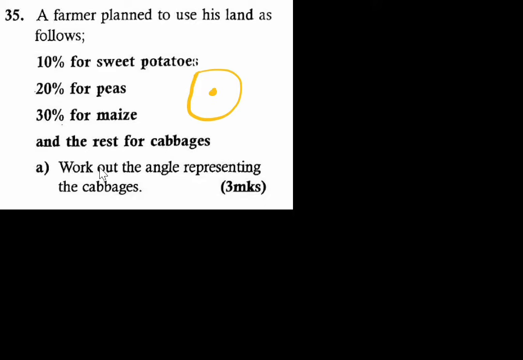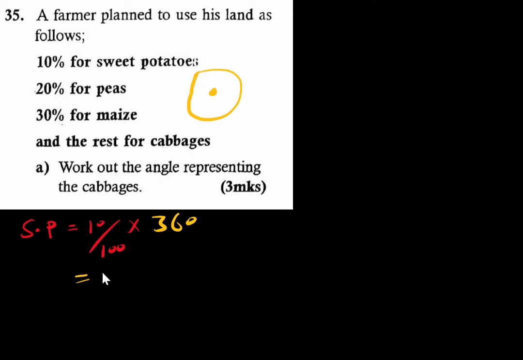I'm going to start with the first one, sweet potatoes. I'm going to use initials, SP to stand for sweet potatoes. So its angle will be 10 over 100 multiplied by the total angle, which is 360. If you multiply 10 over 100 times 360, you'll see that we get 36 degrees.